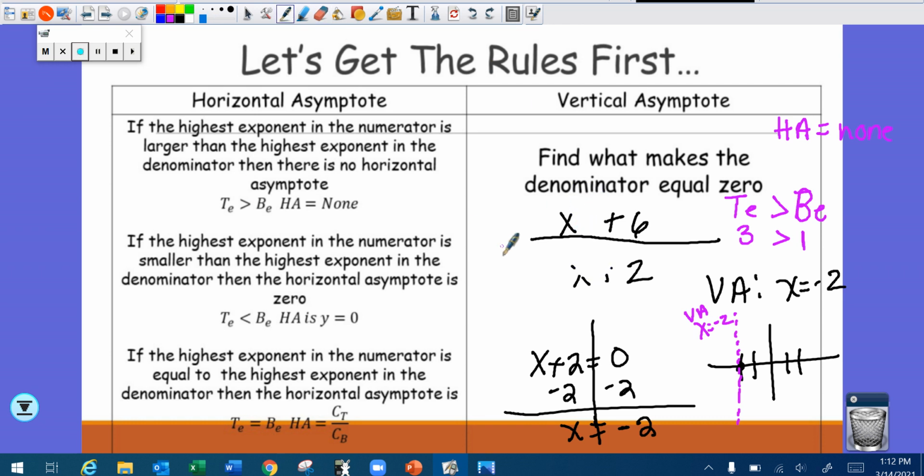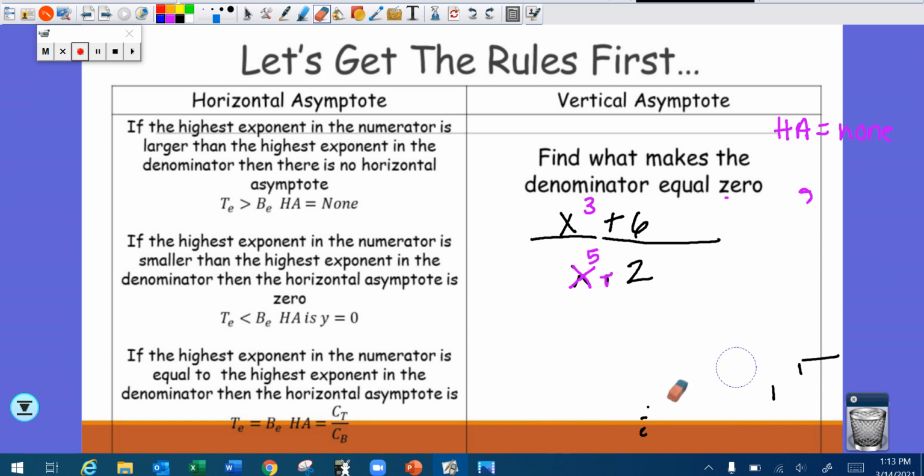Let's say I make this 5 and that 3, then the horizontal asymptote is y equals 0. Hold on, I messed up. This one should be smaller. This should be 3, and this one should be 5. So the highest exponent in the numerator is smaller than the highest exponent in the denominator.